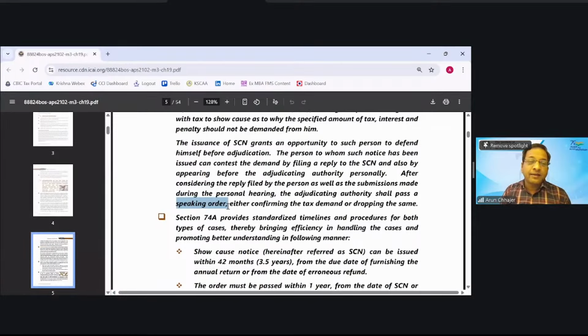Sometimes they will simply pass the order for whatever amount they have given in the show cause notice, ignoring the reply given by the taxpayer. Means, example, let's say you are filing your GSTR 3B, correct?